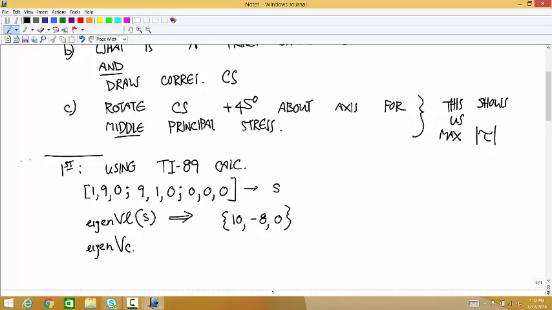That's eigenVC of S. And that will give you a matrix, 0.7071, 0.7071, 0, then negative 0.7071, I'm reading off the columns here, positive 0.7071, 0, and then 0, 0, 1.